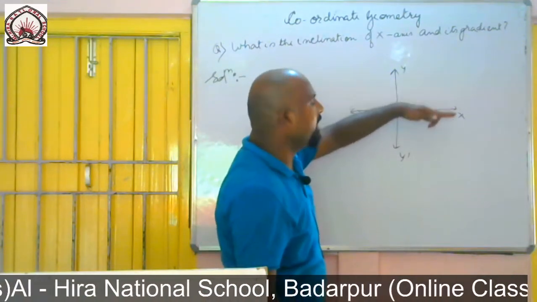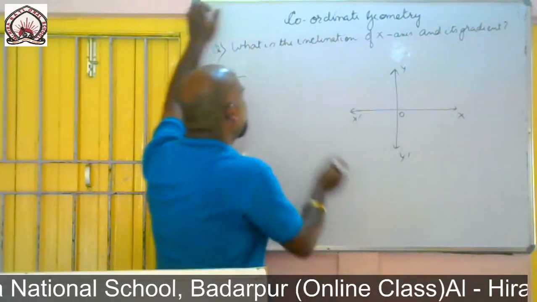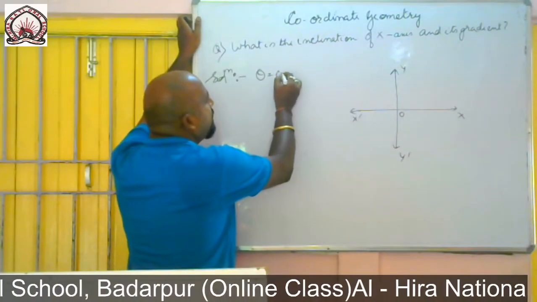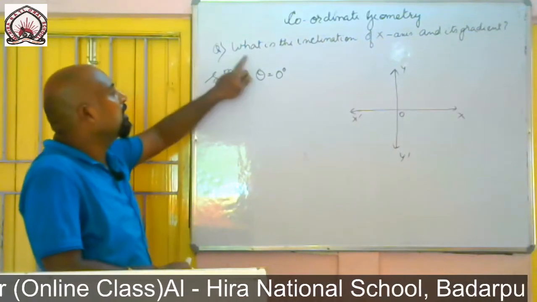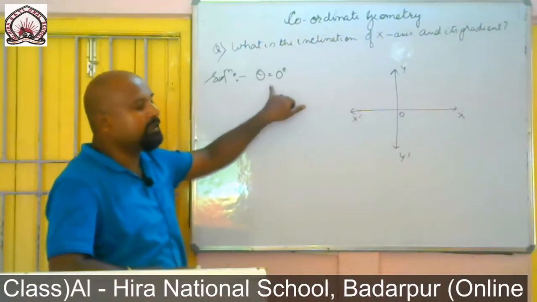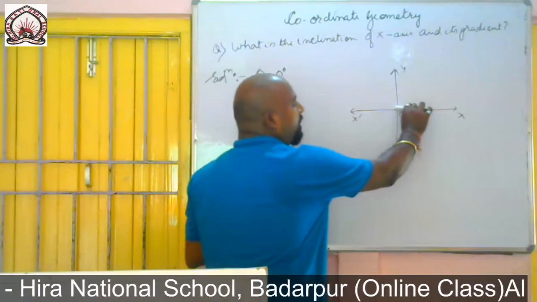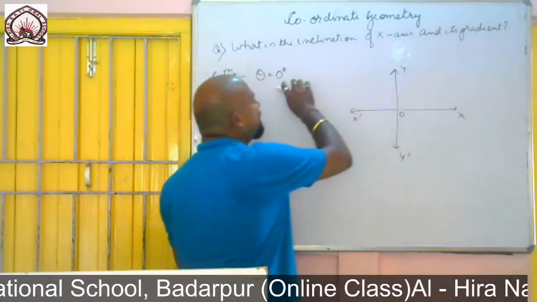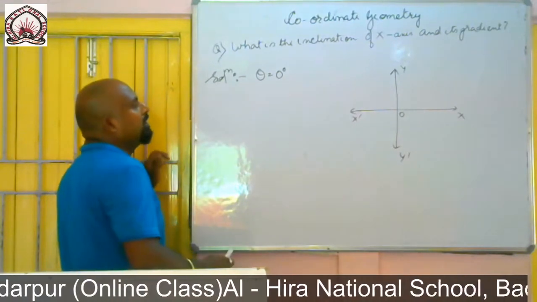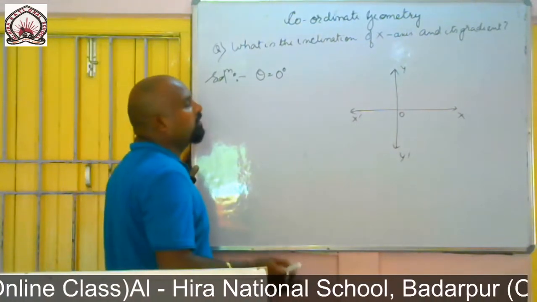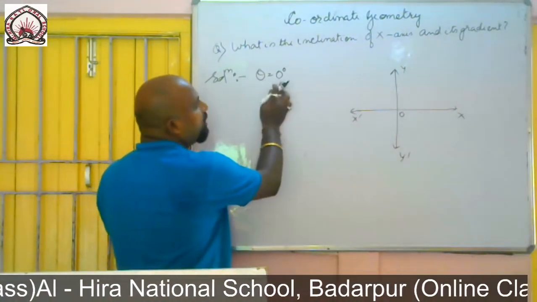The angle between the x-axis and x-axis is equal to 0 degree. The inclination theta is the angle this line makes with itself, which is 0 degree, meaning parallel to each other, or we say coincident. Now theta equals 0 degree.